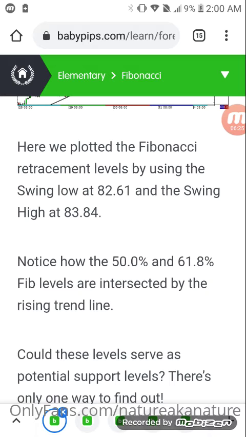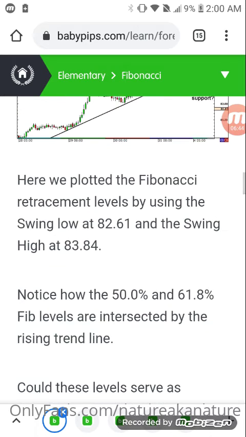Notice how traders are usually interested in the 50 and the 61.8 Fibonacci retracement levels. They're usually interested in those levels a lot. Notice how the 50 and 61.8 Fib levels are intersected by the rising trend line.